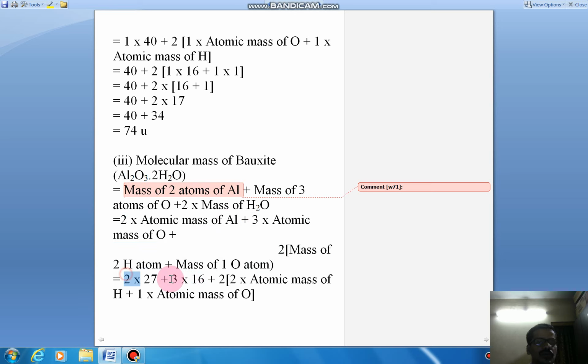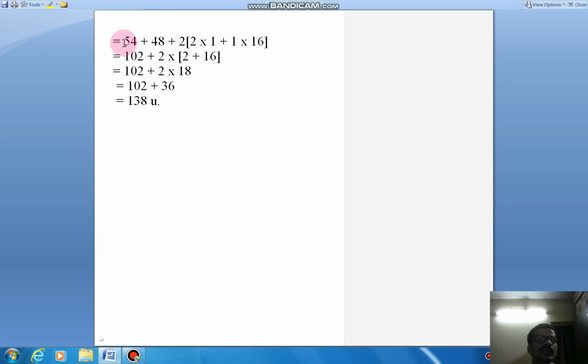So it becomes 2 into 27, which is the atomic mass of aluminum, plus 3 into 16, the atomic mass of oxygen, plus 2 into 2 times the atomic mass of hydrogen, plus 1 into 16, the atomic mass of oxygen.